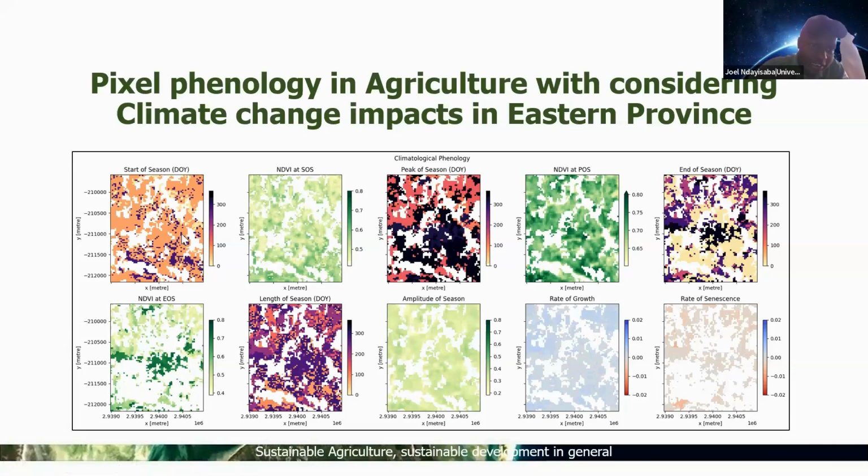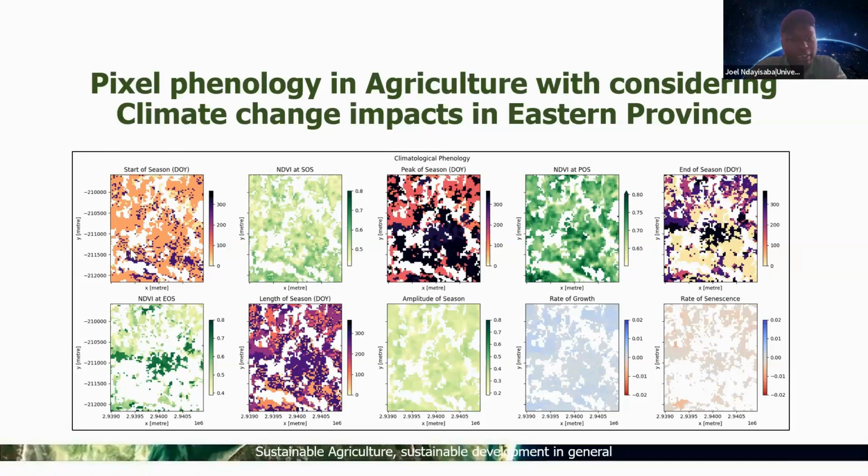But those that come in dark are the areas that have high values of vegetation. At the start of season, the vegetation is too few.